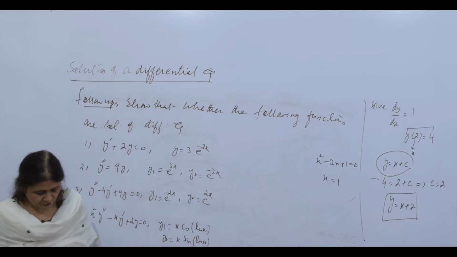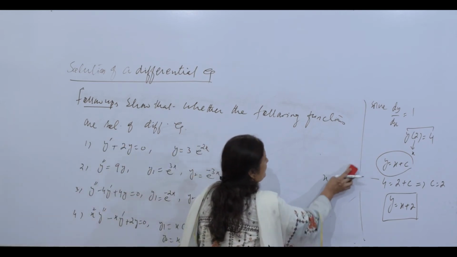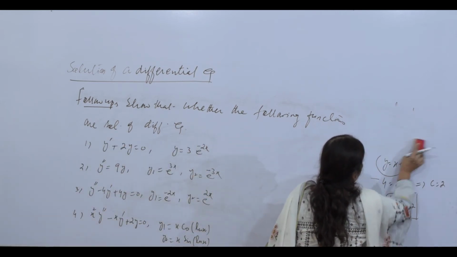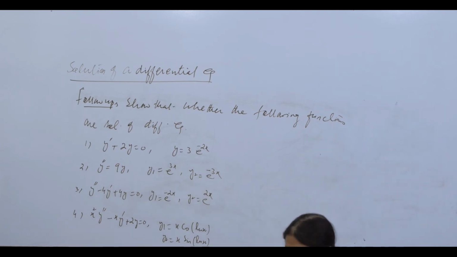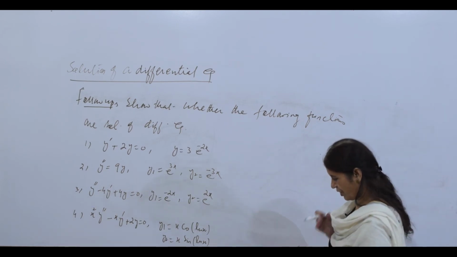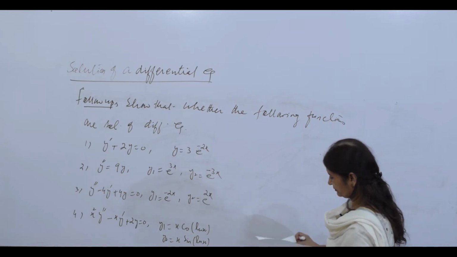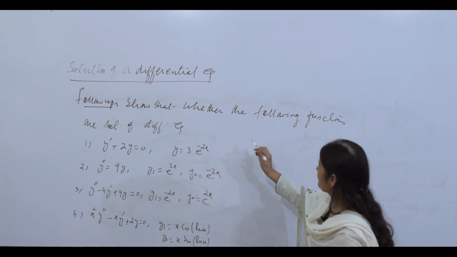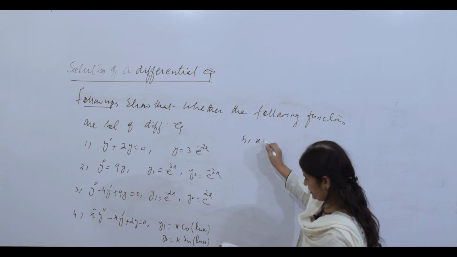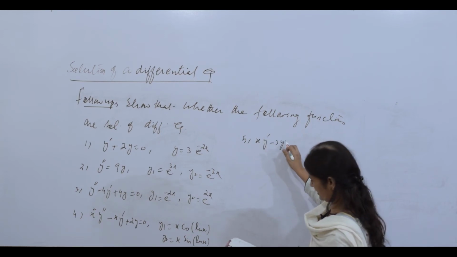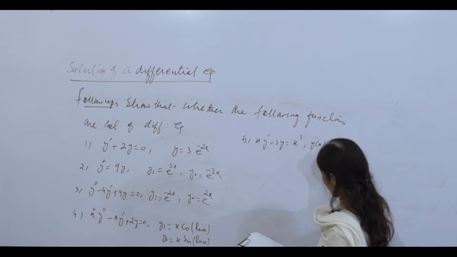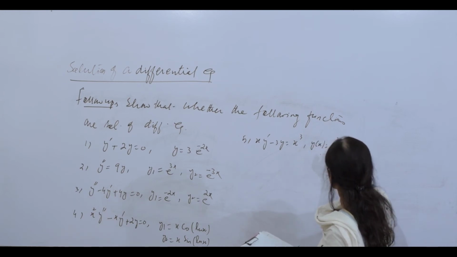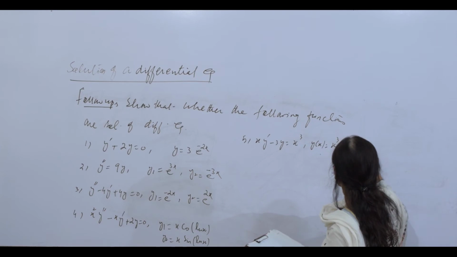So you can have a couple of solutions. Next is the fifth one, I'll solve one. y dash minus 3y is equal to x cube, y of x is x cube (c plus ln x).